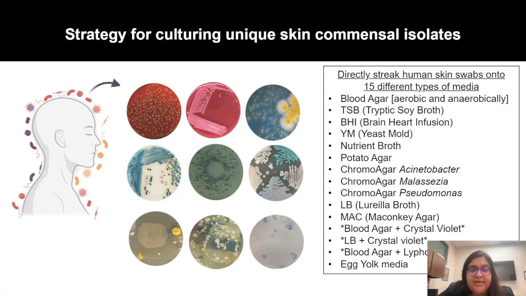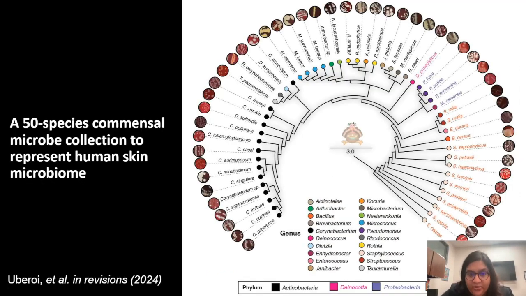This essentially involves surveying a large number of healthy human subjects and then directly streaking human skin swabs onto 15 different kinds of media and then basically recovering novel-looking isolates. And what we were able to do with this approach was curate a 50-species commensal microbe collection, which represents the human skin microbiome, which is depicted here.